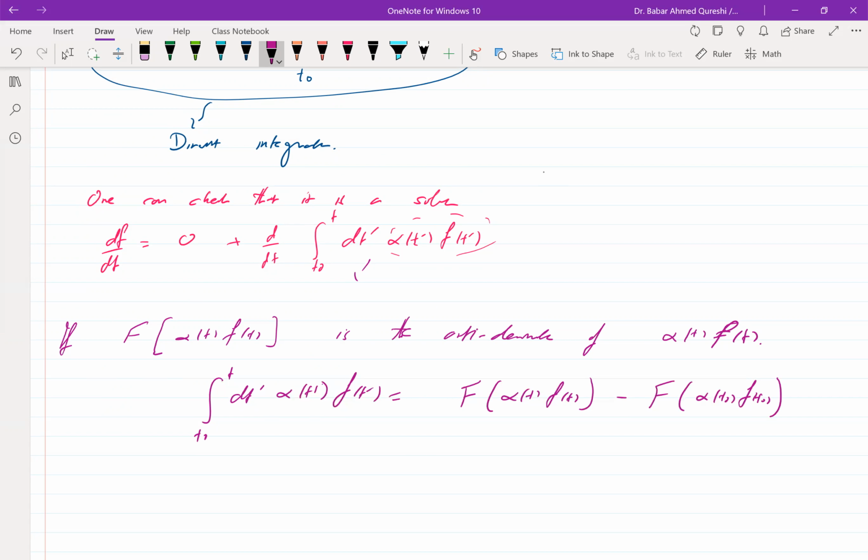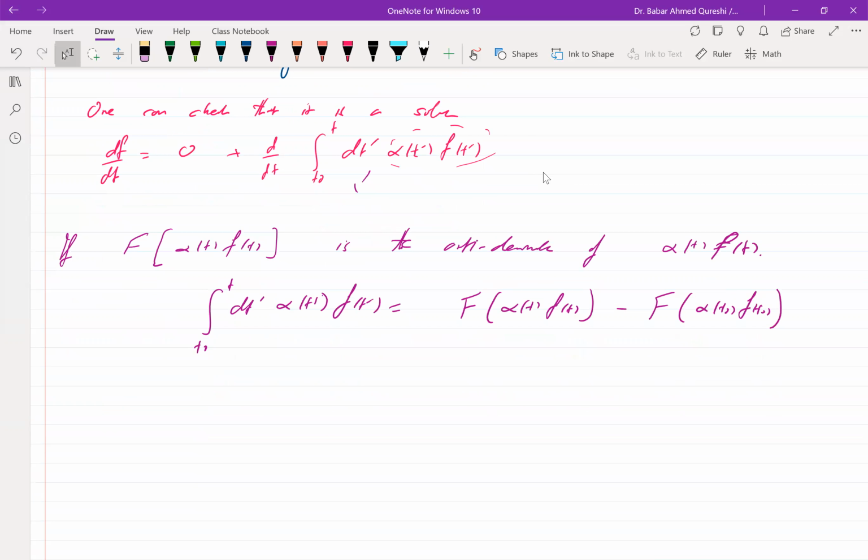So my solution can be written as f of t naught plus the antiderivative minus the antiderivative evaluated at t naught.